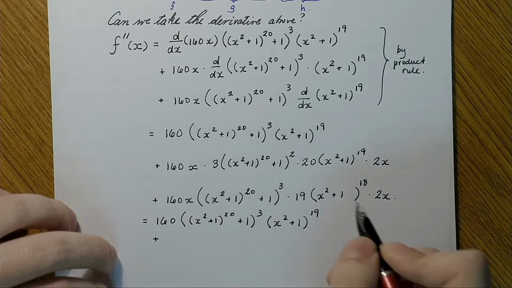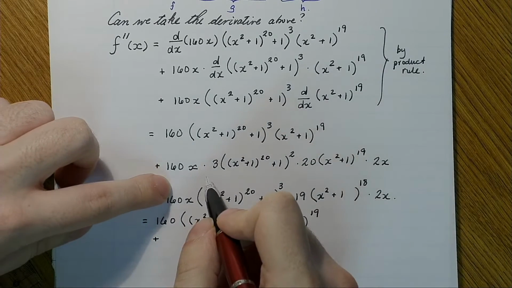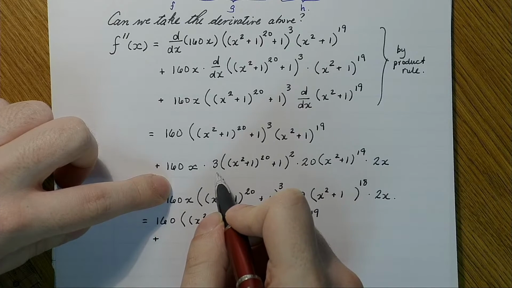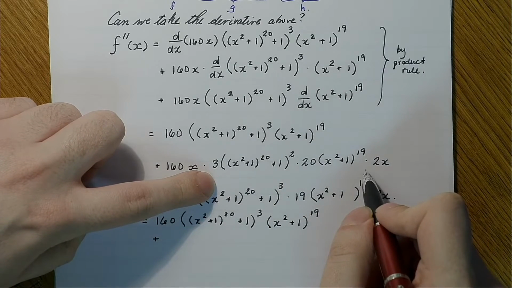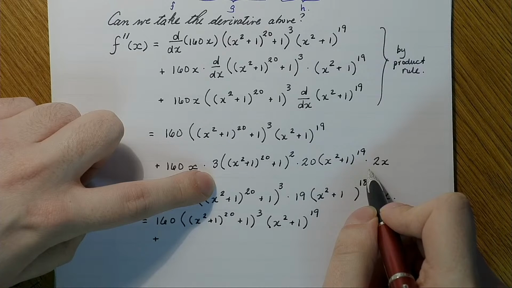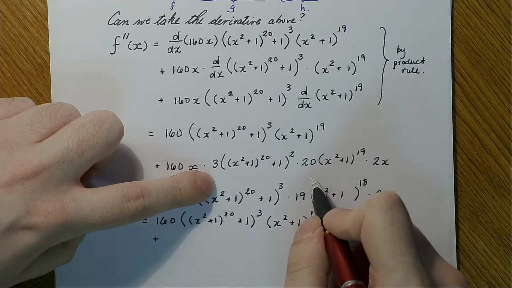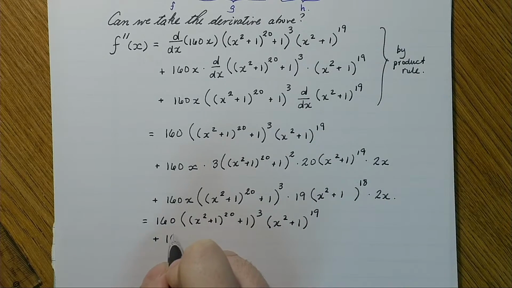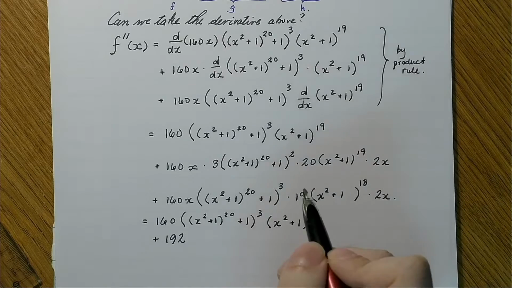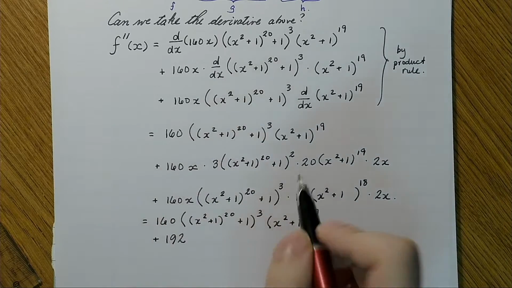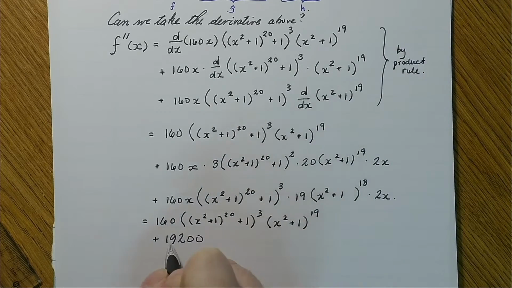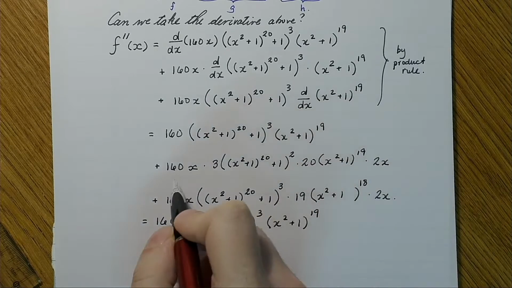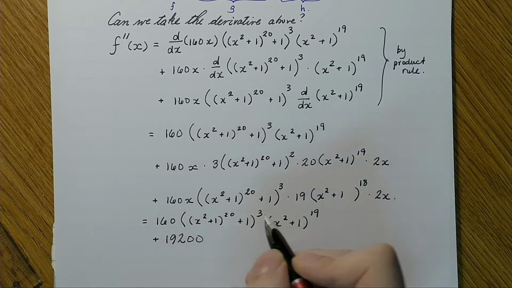Plus 16 times 3 is 48. 48 times 2 is 96. 96 times 2, another 2, is 192. Remember, I've done this, there's 2 zeros, so it should be 19,200.